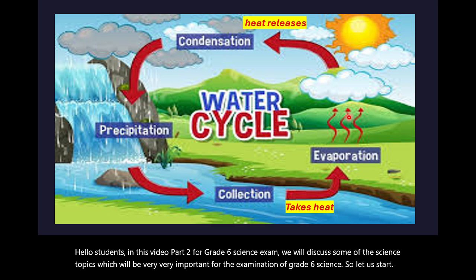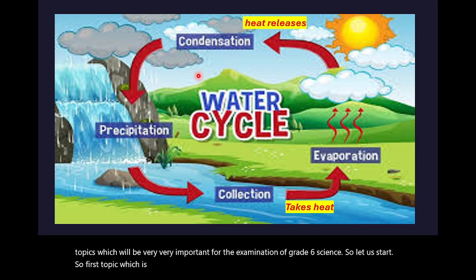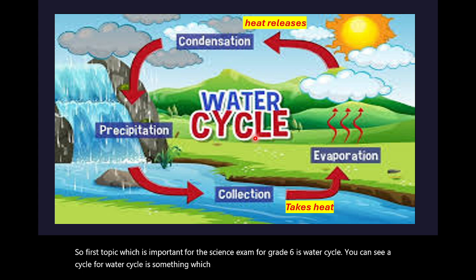So the first topic which is important for the science exam for grade 6 is the water cycle. You can see a cycle for water. A cycle is something which is round, so you can see the arrows making a round here.